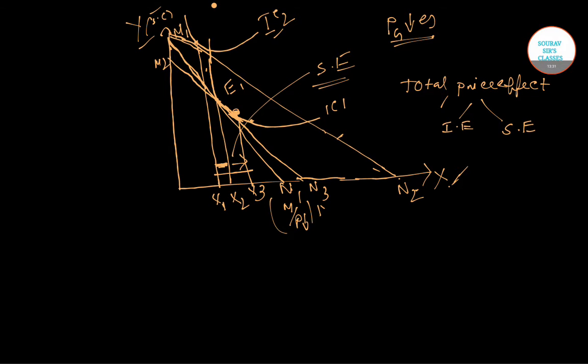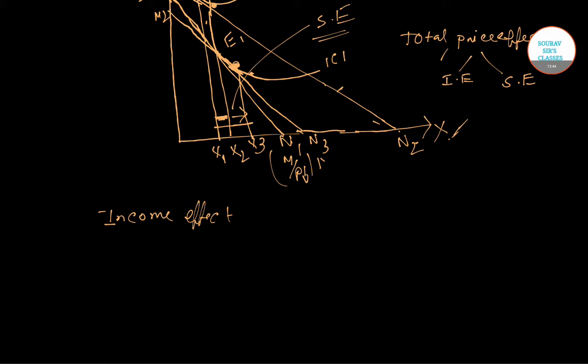So the income effect is given by X2 X1, that is this level, minus X1 X3, which must be negative, because as you can see, this is smaller and this is greater.